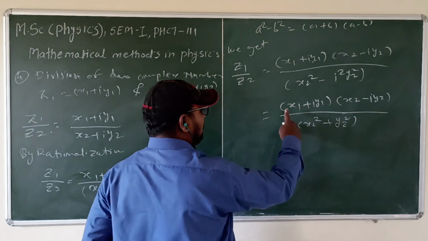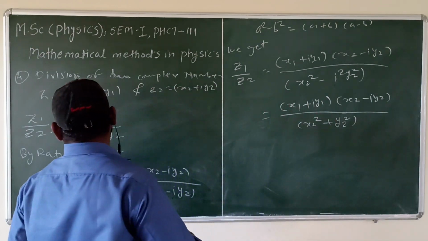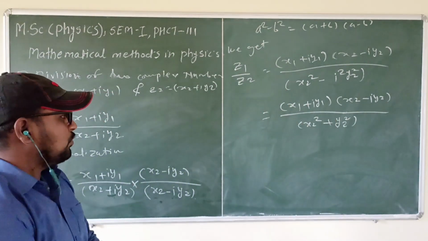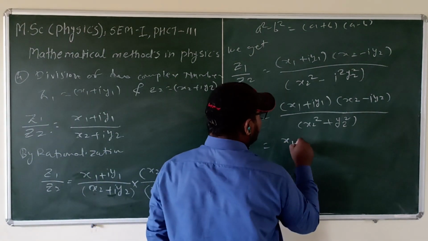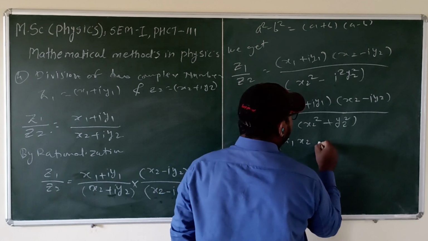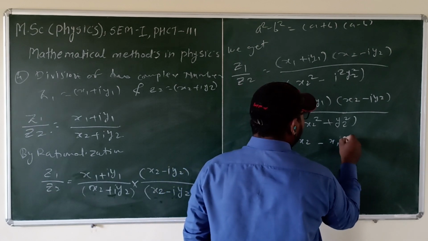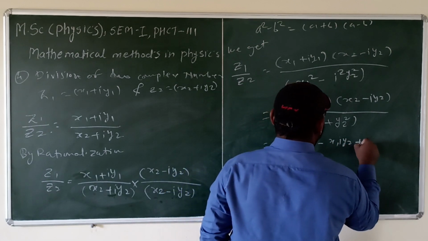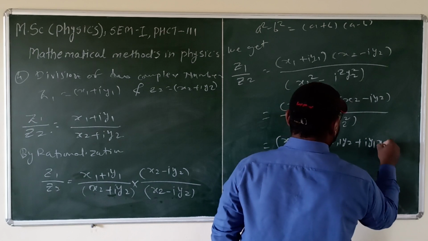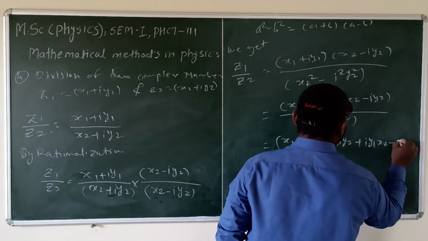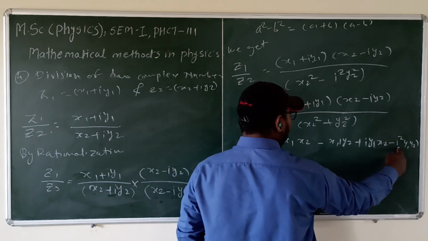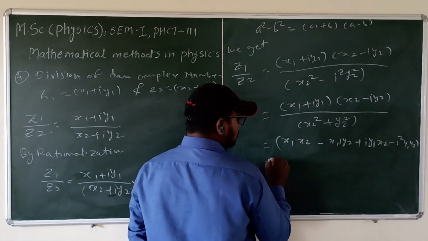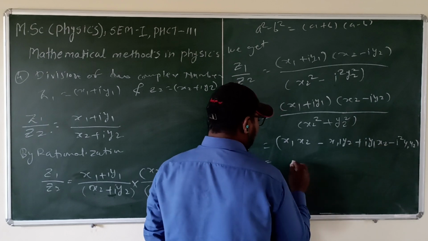Bracket complete. By the multiplication rule, as we saw in the third point, the multiplication of two complex numbers, this relation we get as x1 x2 minus x1 i y2 plus i y1 x2 minus i square y1 y2. Okay, so this i square also becomes minus 1, so this minus sign is plus.